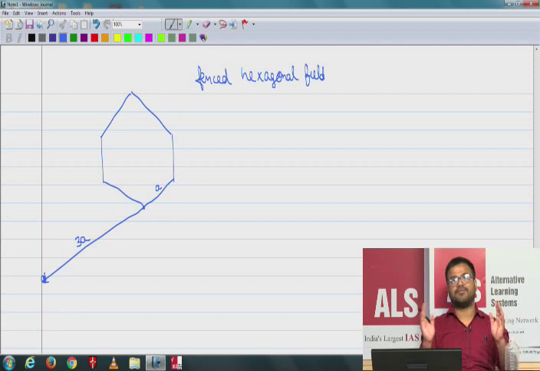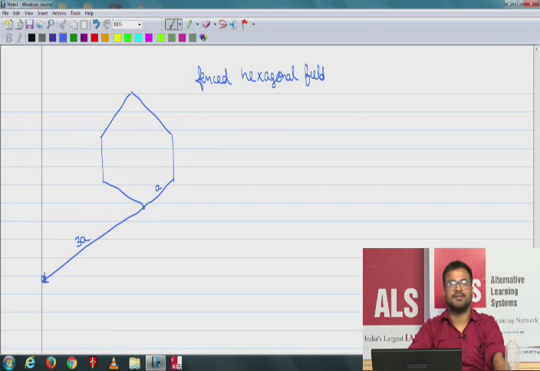Are you getting how the diagram will look? Shillong, how many of you got the logic, how the diagram will be and how to proceed? Okay, that's great.